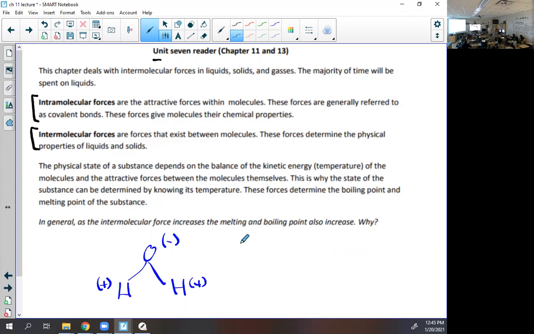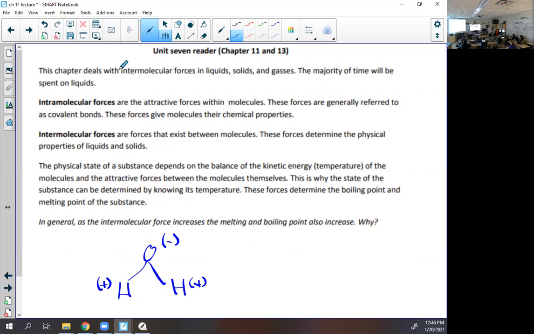All right. So these forces are definitely dependent on temperature. So the balance of kinetic energy and the attractive forces between the molecules themselves. If you think about it, we should easily be able to answer this question by the end of the chapter.